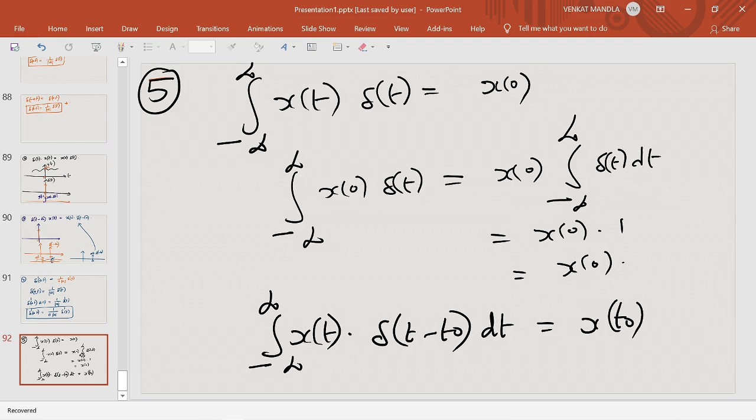You can bring x of t naught outside, and integral minus infinity to plus infinity del of t minus t naught is the area of del of t minus t naught, that is one only. You shift the signal, area will not change. The area is one only, that is why 1 into x of t naught is x of t naught.